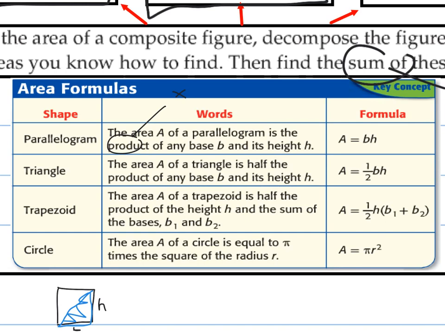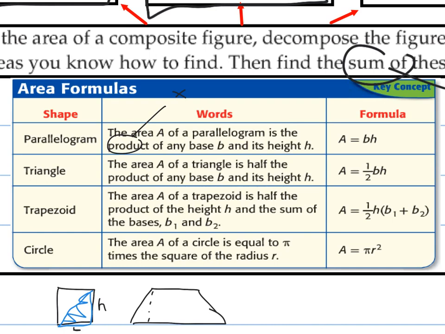The area of a trapezoid is A equals 1/2 H times B1 plus B2. So, looking at that, a trapezoid looks like this. The area of a trapezoid is half the product of the height.